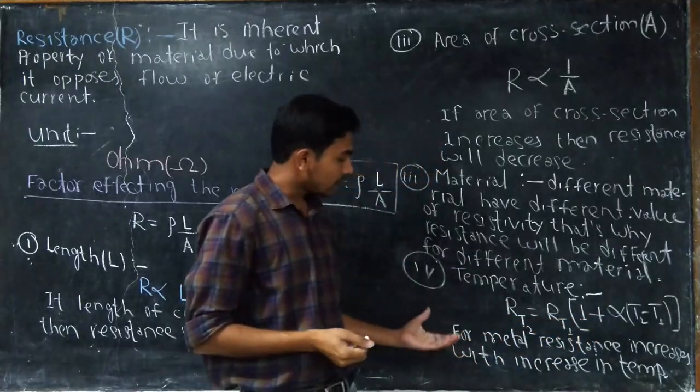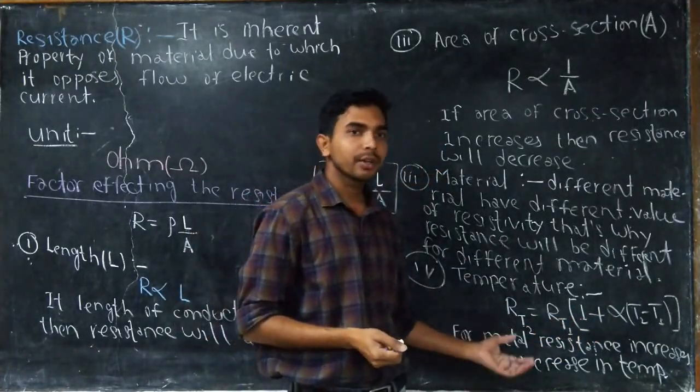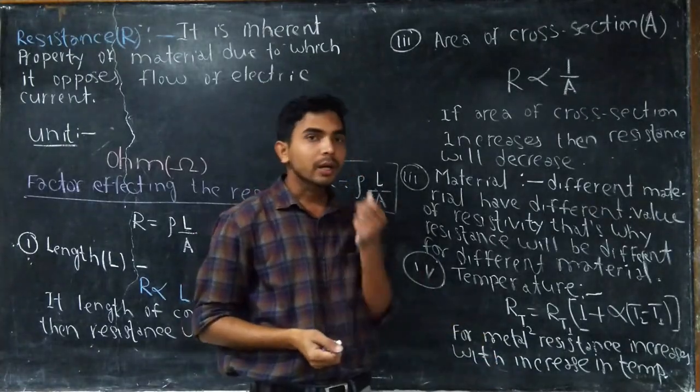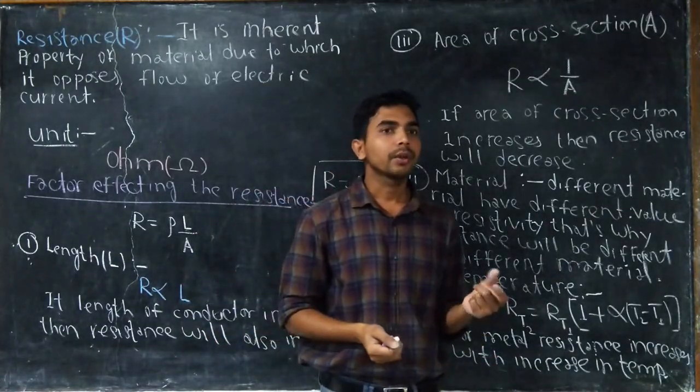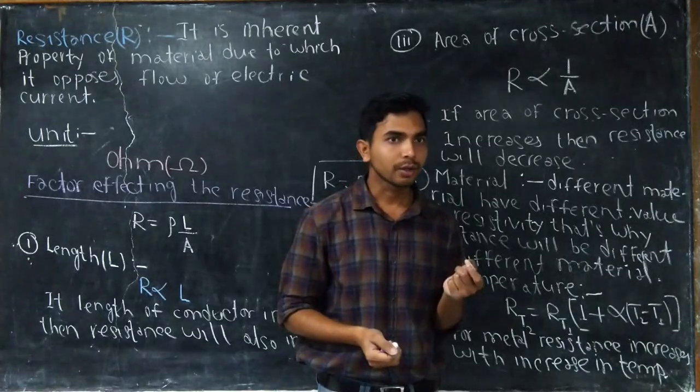For metal, if temperature increases, resistance will increase. But for a semiconductor, resistance will decrease with increase in temperature. Why?